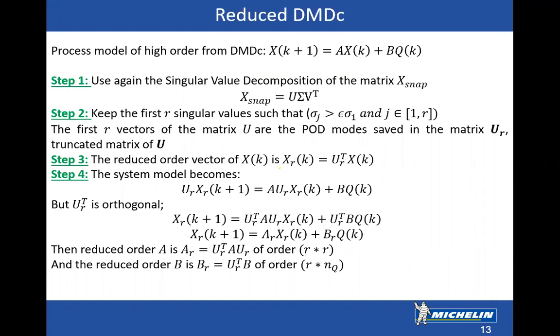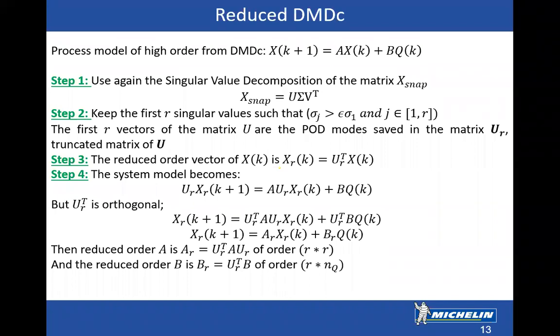So the reduced order vector of x_k, denoted as x_r,k for reduced, is equal now to U_R transpose x_k. So now I've reduced the vector x_k to x_r, and substituting in the system model for x_{k+1}, the system model becomes U_R x_{r,k+1} is equal to A U_R x_{r,k} plus B q_k. But in fact, we use the property that U_R is orthogonal, so U_R transpose multiplied by U_R is equal to identity.